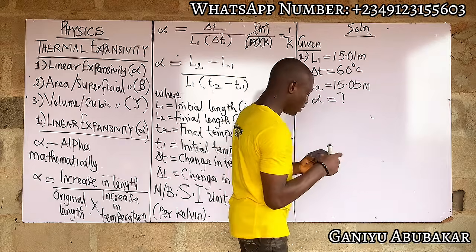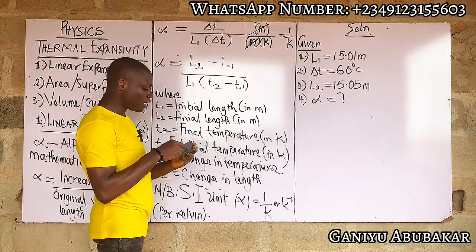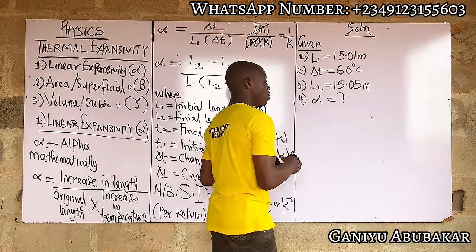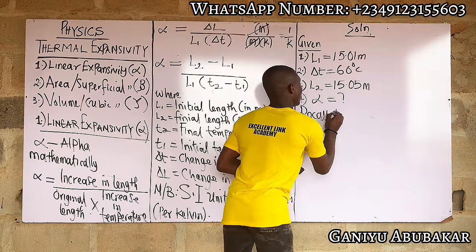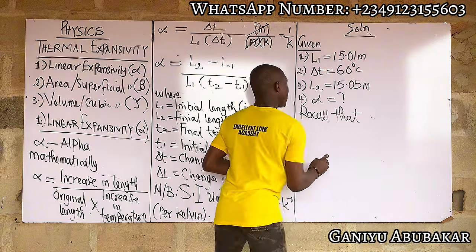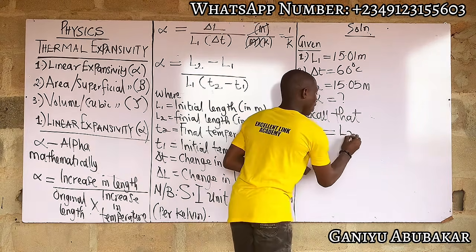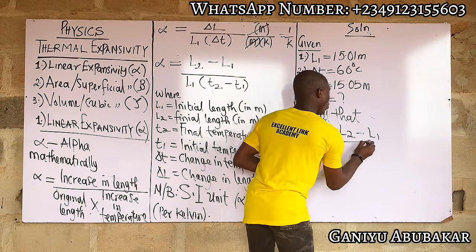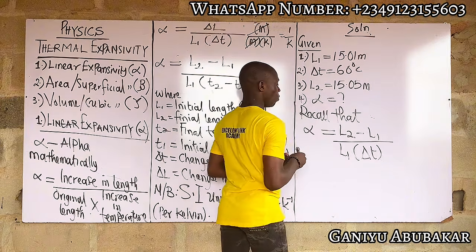How do I get this particular problem solved? The task is quite simple. I'll recall my formula: linear expansivity alpha is equal to L2 minus L1 all over L1 times change in temperature.